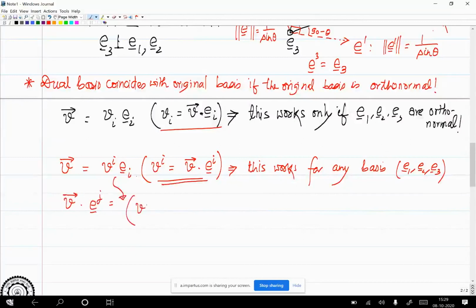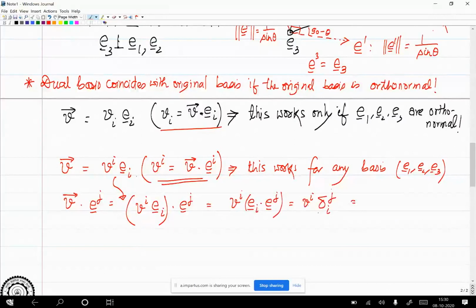So you have V super i E sub i dot with E sub j. So this becomes V super i E_i dot with E super j, which is equal to V_i delta_ij.